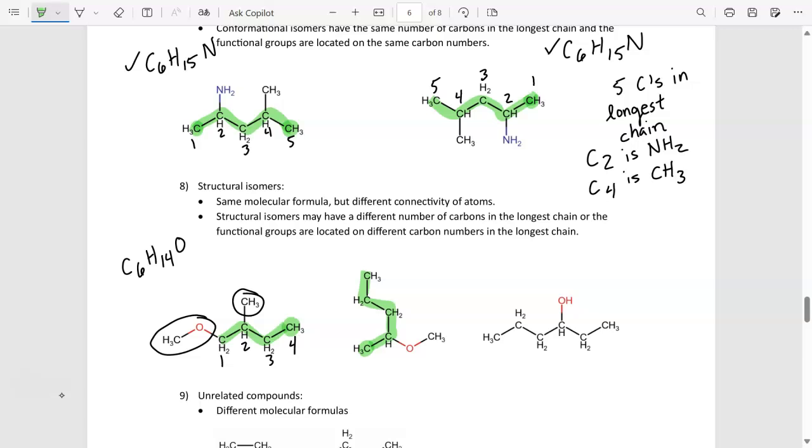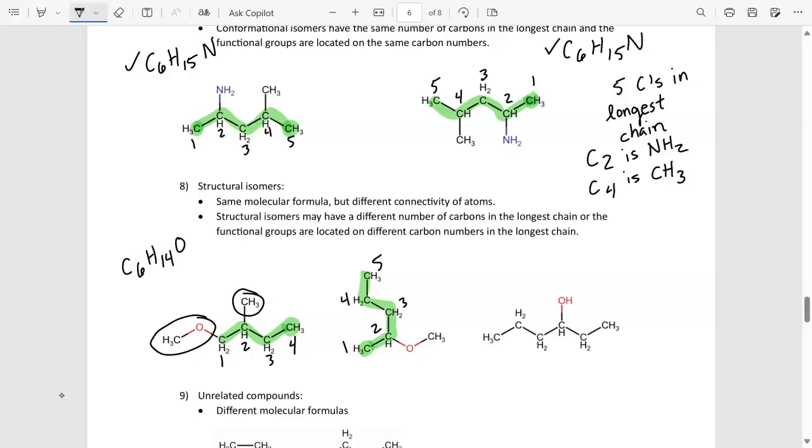And if I number them in order, starting with the side that's closest to that oxygen, I've got 1, 2, 3, 4, 5 carbons. So I can already tell that this is not the same compound because I've got a 5 carbon chain length, whereas in the first one I only had 4 carbons. So already I can tell that these have to be structural isomers.